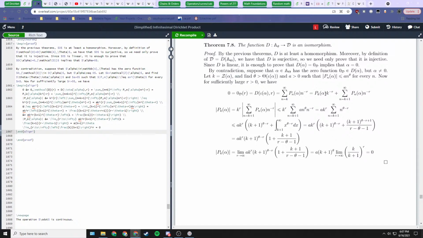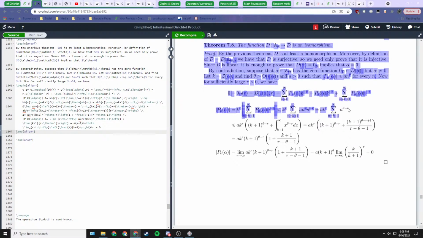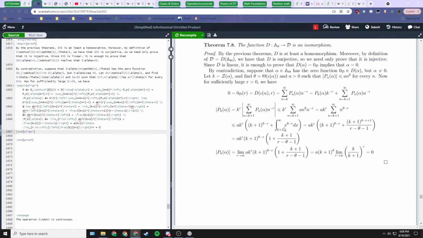So we have this term plus this summation is 0, so we subtract off this term, multiply it by k power r, and take the absolute value. Apply the triangle inequality, and we end up with this. And then, since this is strictly decreasing for sufficiently large r, we can bound this with an integral, which is just the first term plus replacing the summation with an integral.